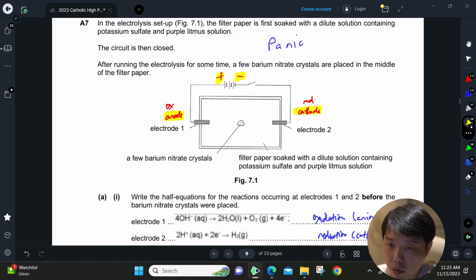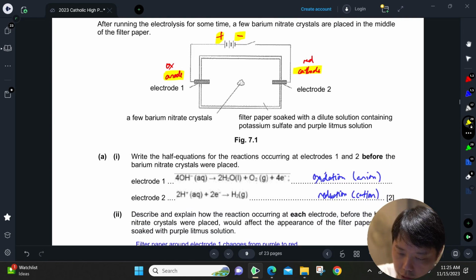If you remember your electrolysis of dilute NaCl, usually when you have an aqueous solution and you do electrolysis for a dilute solution of any salt, it is basically the electrolysis of water. So you have your OH minus anion going to the anode for oxidation.